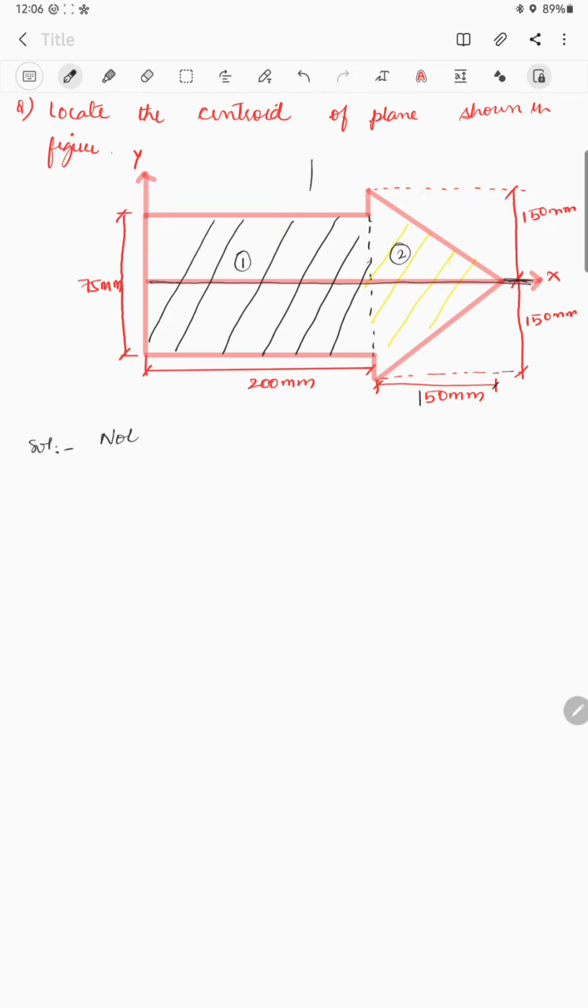Note, this is a very important point. Whenever the figure is symmetric about the x-axis, then y bar will be equal to 0.